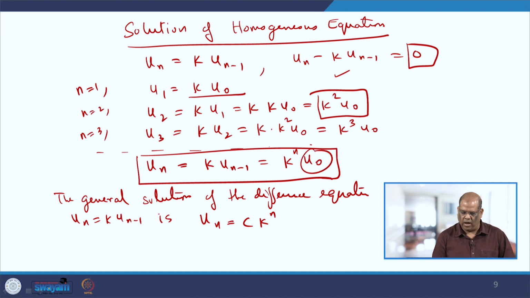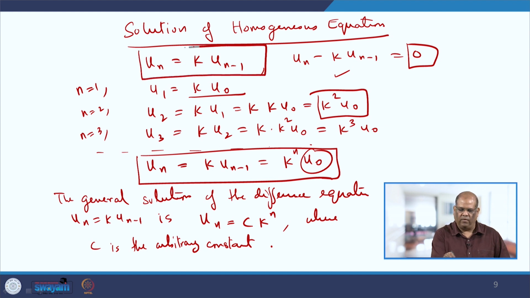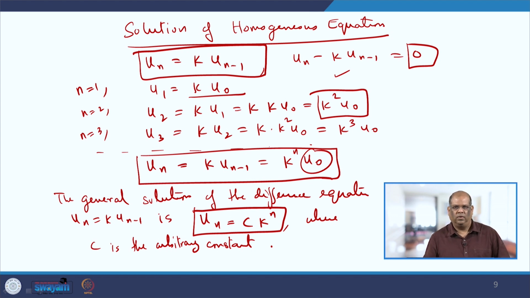So, you replace u0 by an arbitrary constant, where c is the arbitrary constant. So, basically what you need to remember is that if your difference equation is of the form u_n equal to k u_{n−1}, then the solution is u_n equal to c into k to the power n, where c is an arbitrary constant. So, with this we stop today for the first part of this difference equation.